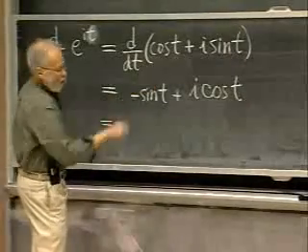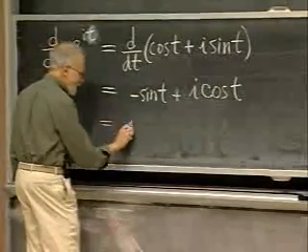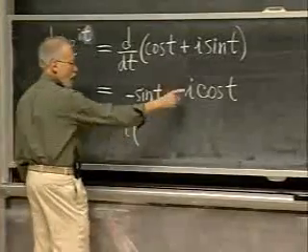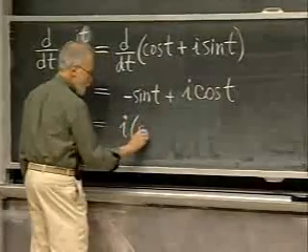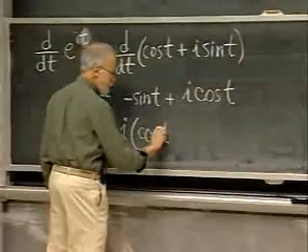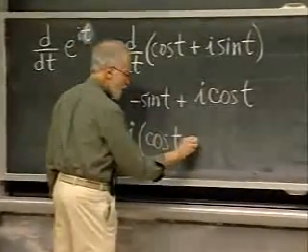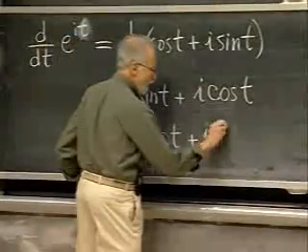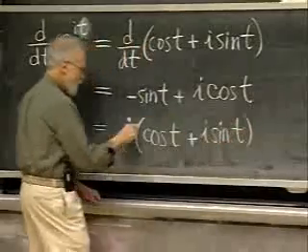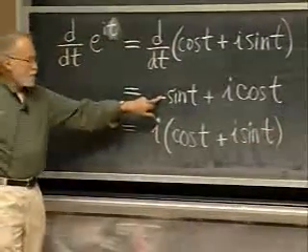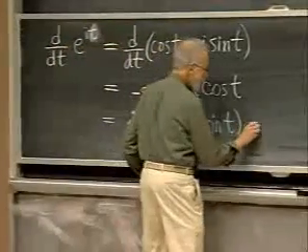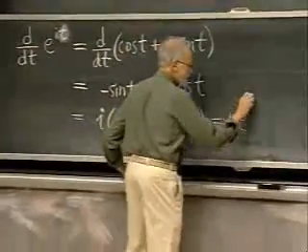If I factor out the i, what do I get? Well, the real part of what's left will be cosine t. And how about the imaginary part? It will be i sine t, because i times i gives me that negative 1. And what's that? e to the it. i times e to the it.